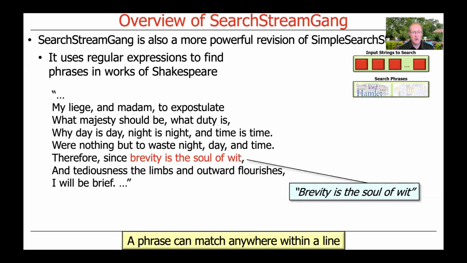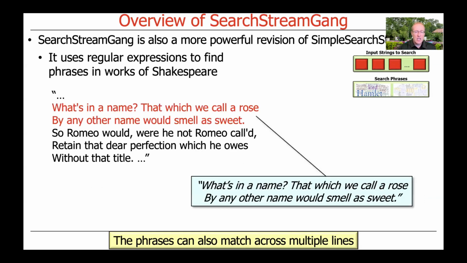You can search for a phrase like brevity is the soul of wit, and this program will tell you what play and what basically character index number into the play that phrase occurred. So if you've ever wondered which phrases occurred in which plays of Shakespeare, this is your way to find that out very quickly. You can also search for complex phrases that match across multiple lines.